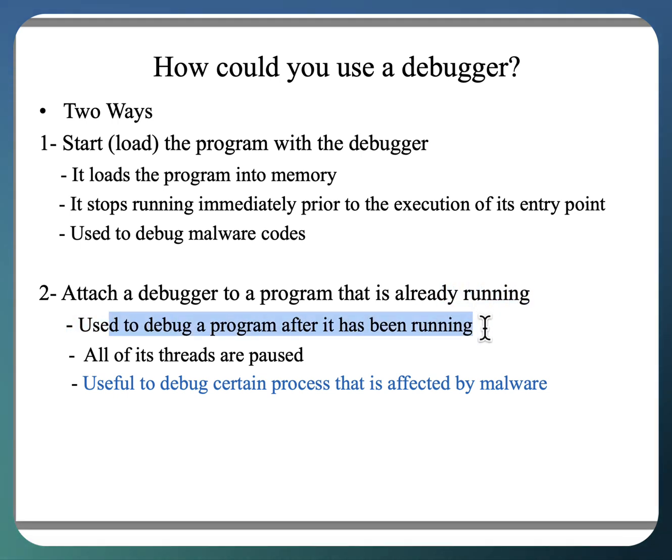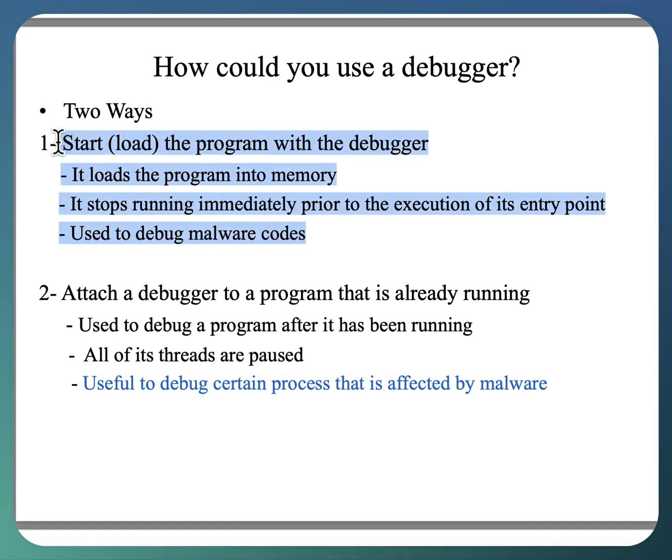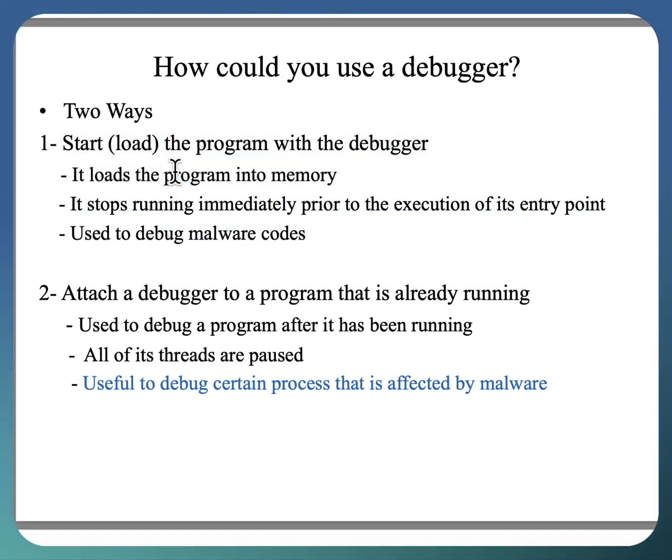It is used to debug a program after it has been running. It is useful to debug certain processes that are affected by a malware. What that means is, first of all, type 1 is the type of debugger usage that we are going to adopt. So this is what we're going to do.